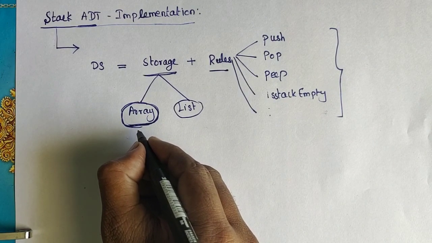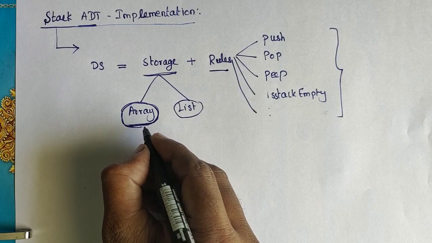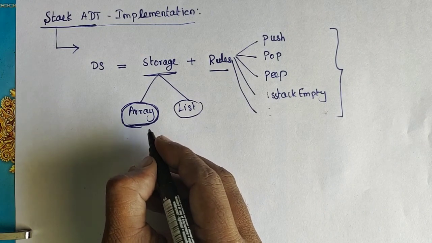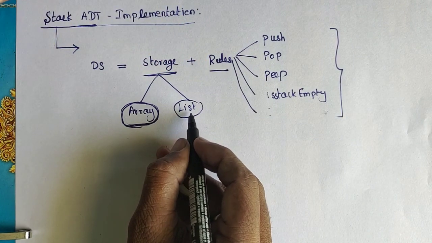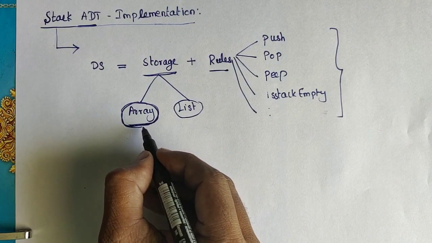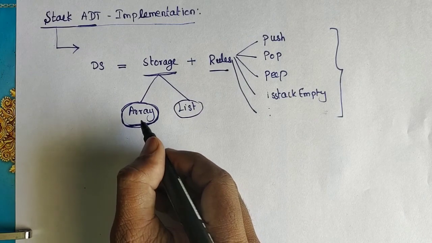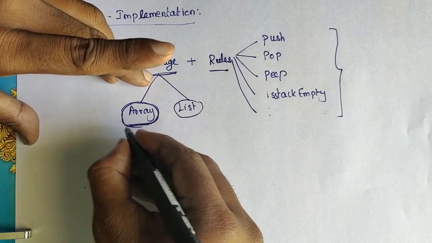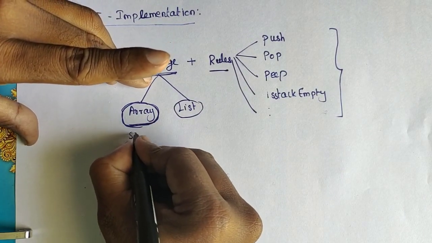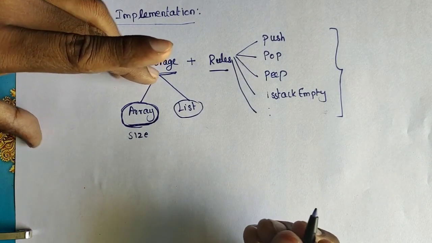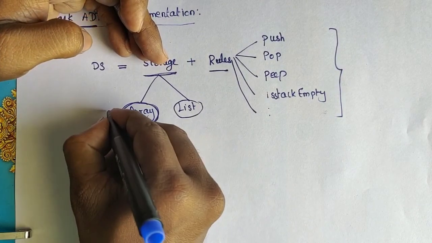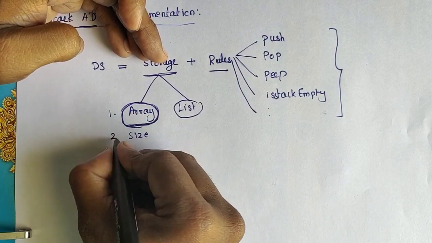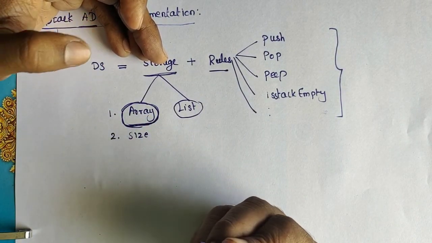We cannot create the stack for unlimited size. But if you are choosing the list as a data structure, the size is unlimited. But if you are choosing an array as a data structure, the maximum size we need to fix. So I need one array and then I need to fix the size of that array also. So maximum this many elements I can store in the stack. So one is the array and second, I need memory to store the size of the array.